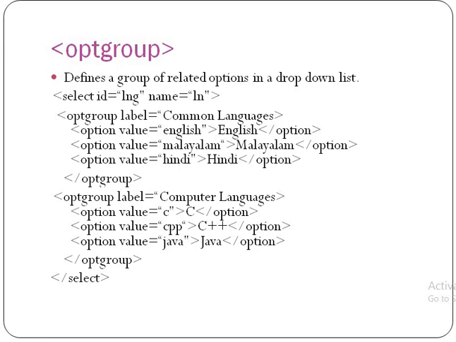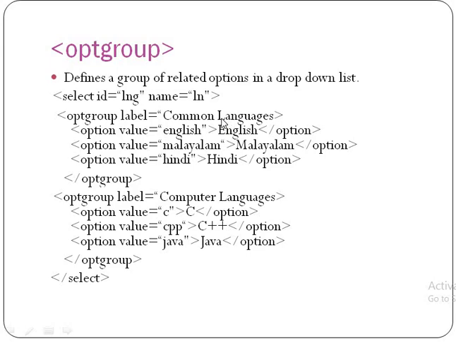So in order to group them together, common languages are grouped inside a particular category and the computer languages are included within another category. So if you want to categorize these list of items, then opt group can be used inside the select tag.